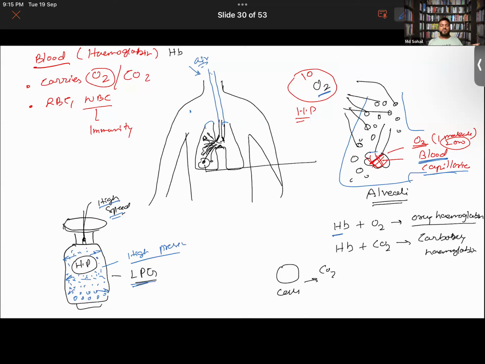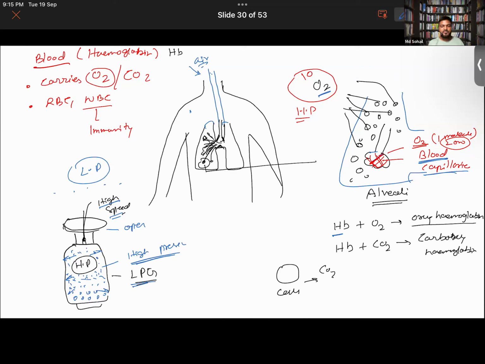Gas molecules are always in motion, right? Now as soon as you open the nozzle here, what happened? The molecules of liquefied petroleum gas came to a region where there was low pressure. Why? Because there were, in fact, no LPG molecules present in the air.